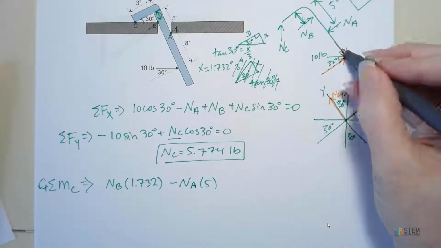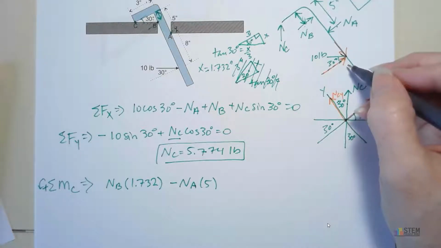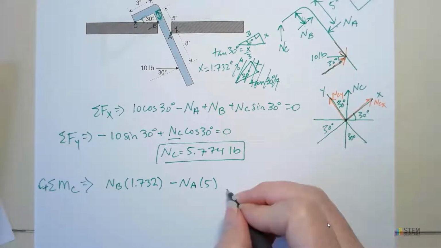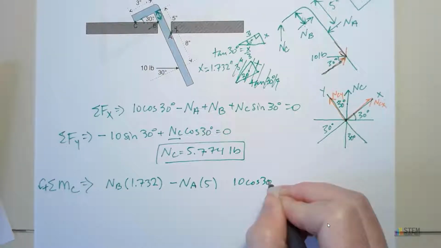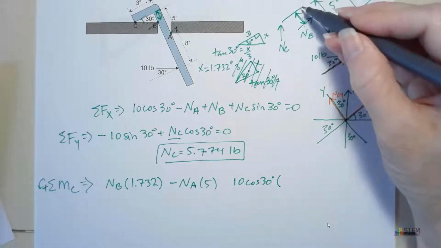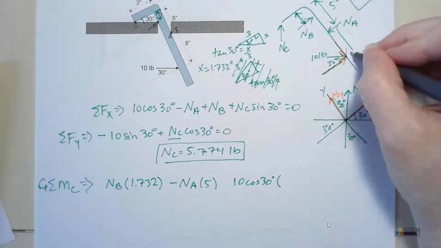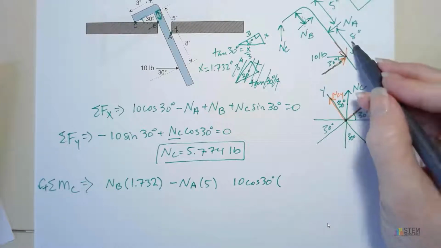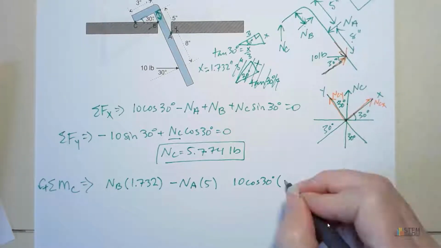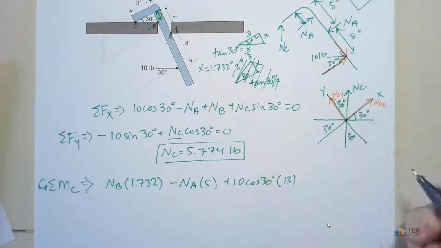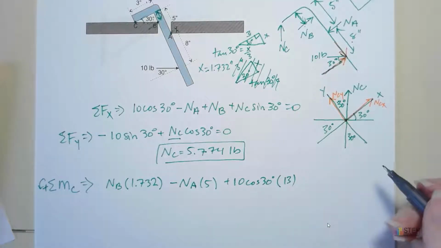Now let's look at these two components for the 10-pound force. The 10 cosine 30 component, which is this x component. We need the distance from here to here. This distance is 8. So basically we need 8 plus 5. That gives us 13. And that's going to be a counterclockwise moment, so it's positive.